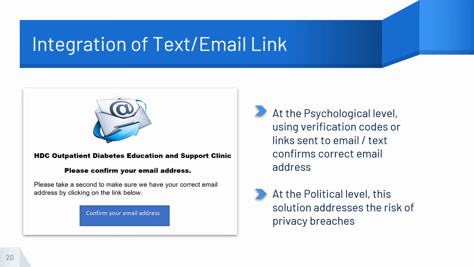This would minimize any potential risk of a privacy breach, as no PHI will be communicated electronically until verification is received. This solution takes into consideration the political and psychological levels of the Human Tech ladder, as privacy law and systems integration are involved.